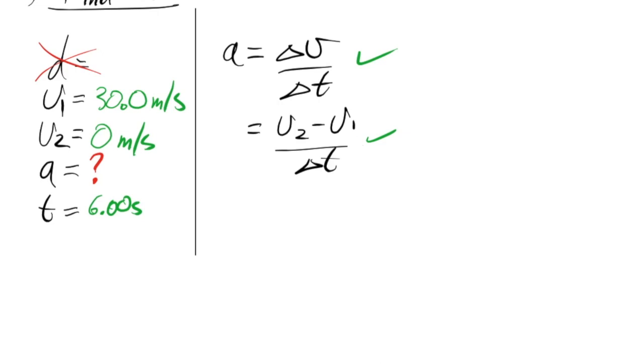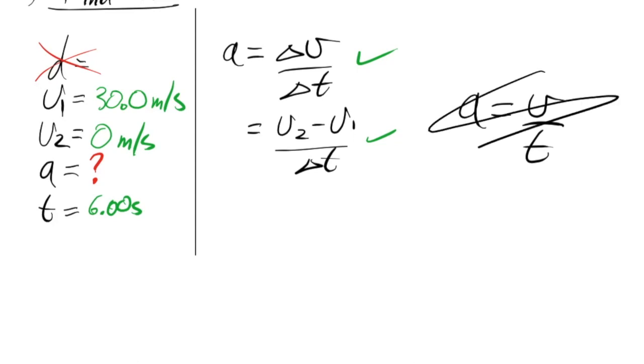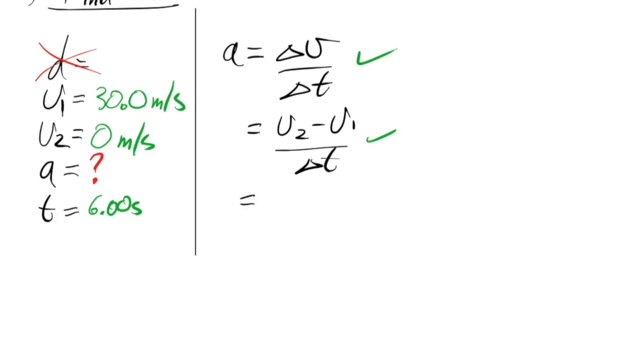Why? Because of this tendency. Students will write this and forget that the delta is in front of the V and the delta is in front of the T, and then they'll put one or the other velocity, but not both. So no. All right, so next, substituting the numbers in. I'm not going to carry all the sig figs in the calculations. We'll just make sure that we have them at the end. Now, this is also another thing too.